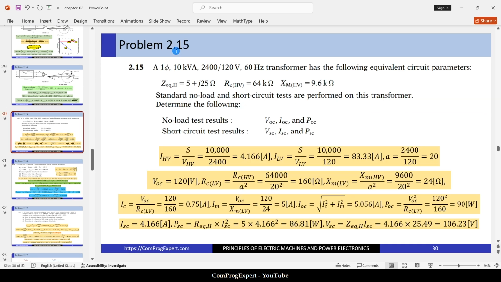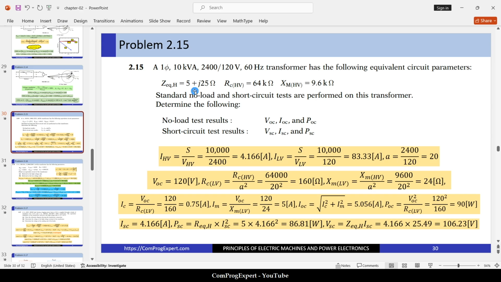Problem 15. A single phase 10 kVA 2400 to 120 volt 60 Hz transformer has the following equivalent circuit parameters.